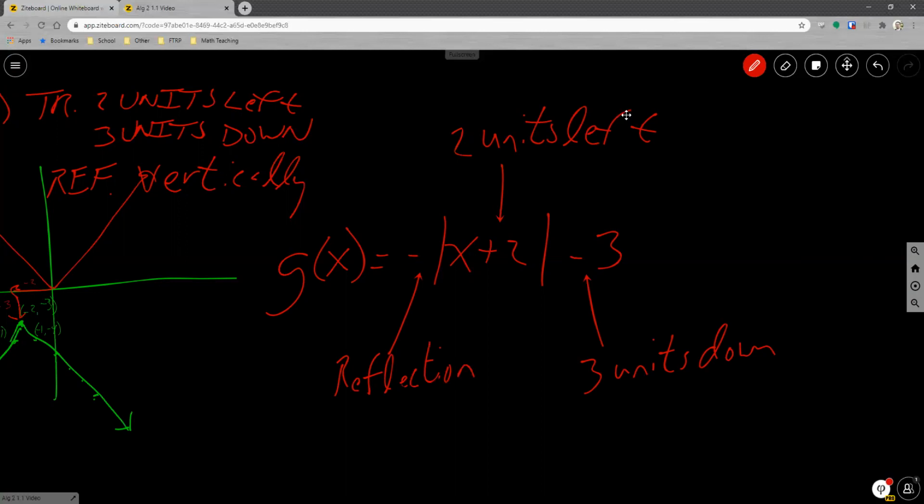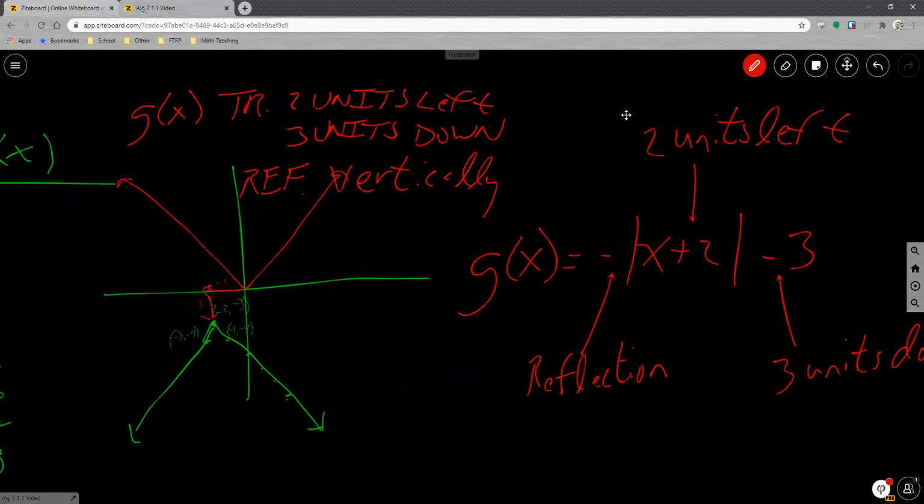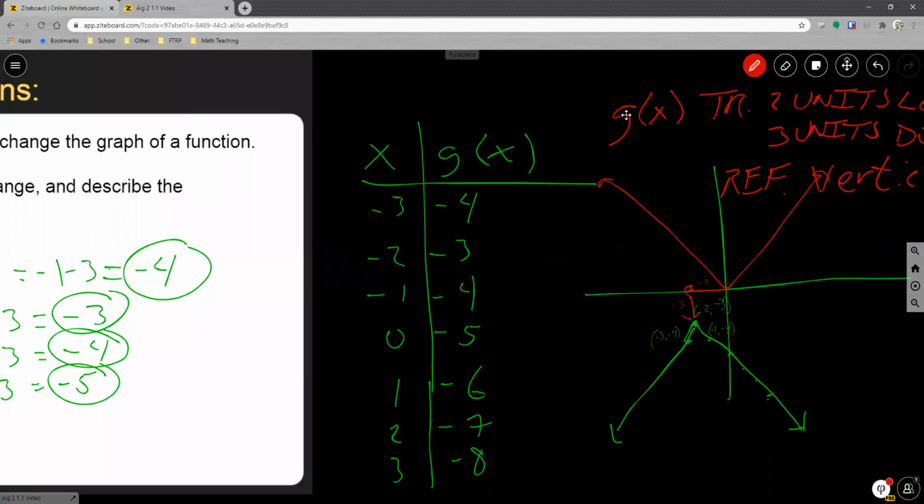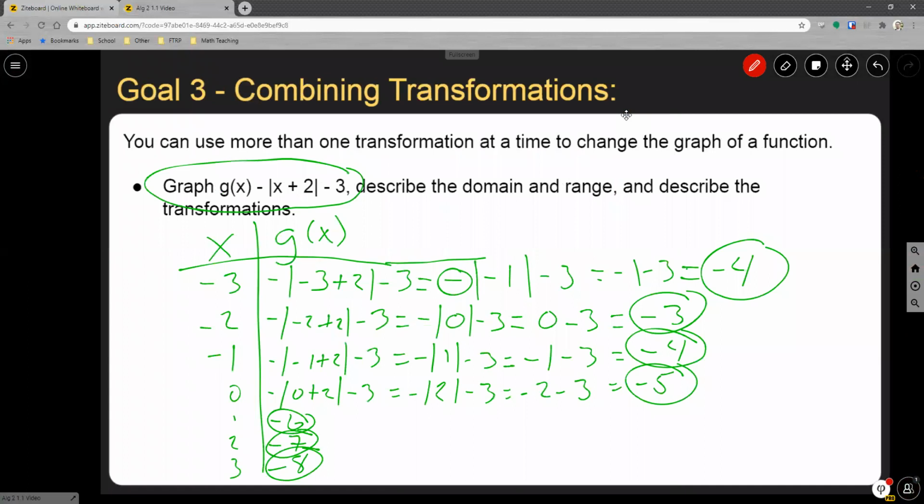So the goal here, as we get better with this, is understanding what causes the reflection, what causes the movement up and down, what causes the movement left and right, what causes stretches and shrinks, without having to put a table together and draw it out, but just by looking at the description of the equation, I can go, okay, I've got a negative sign, that's a reflection.